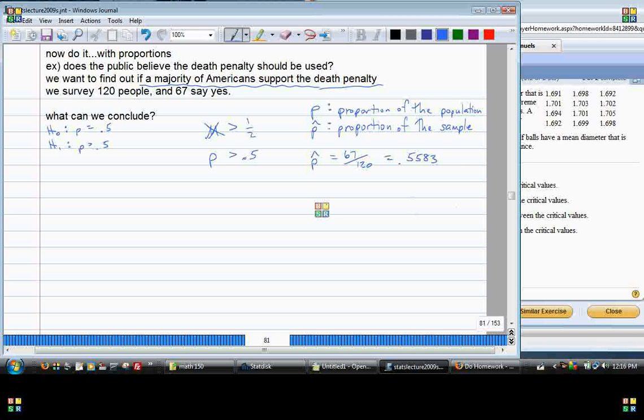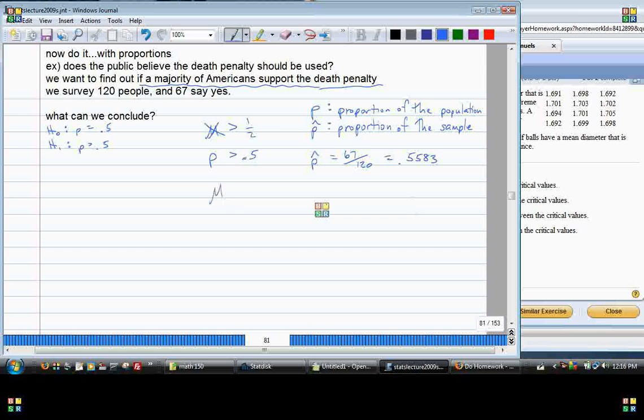Next, what should we be writing down? We need our mean and our standard deviation. What's the notation for the mean that we want?